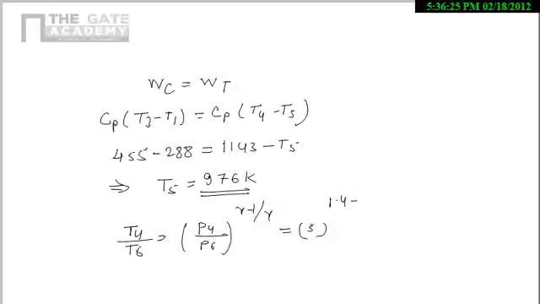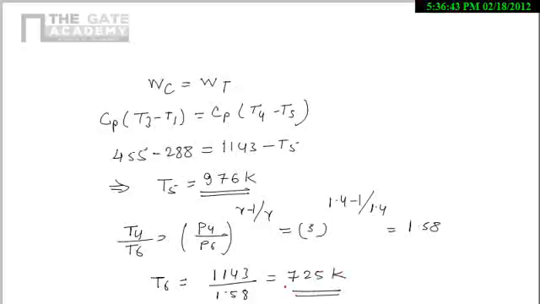So 1.4 minus 1 divided by 1.4, we will get 1.58. Same thing. So T6 will be 1143 divided by 1.58. So T6 we will get 725 Kelvin. So now I am having the temperature at state 6, that is 725 Kelvin.